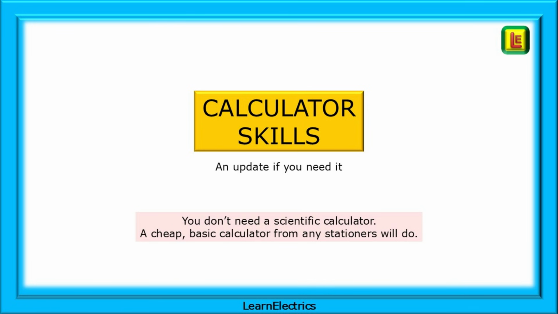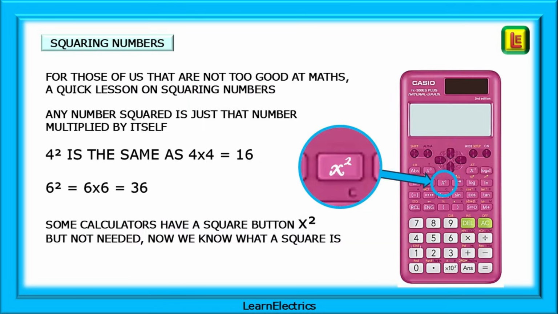First of all, let's look at the question of calculator skills. You don't need a scientific calculator or anything fancy. A cheap, basic calculator from any stationer's will do. Squaring numbers is very easy. Any number squared is just that number multiplied by itself.